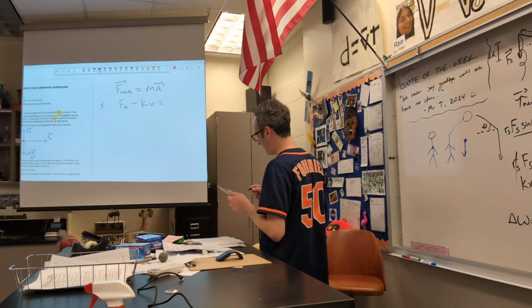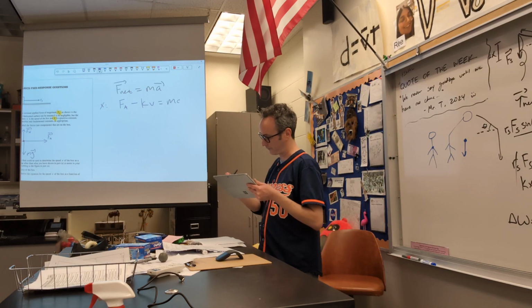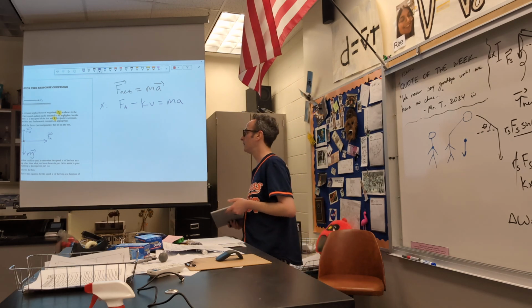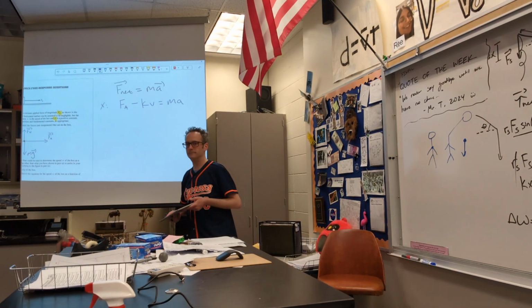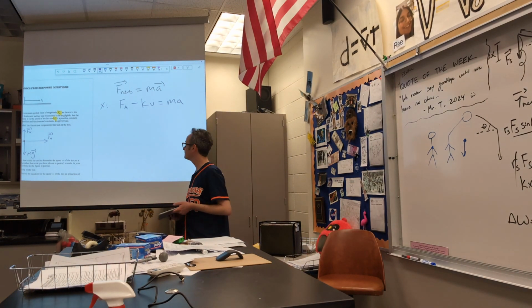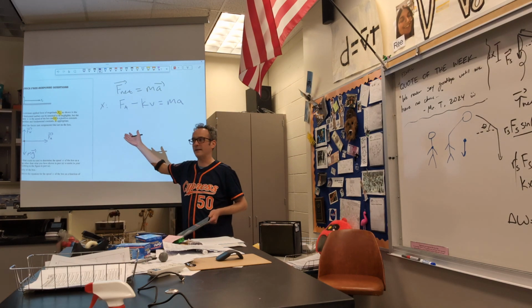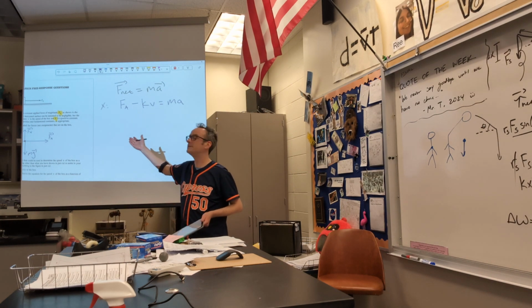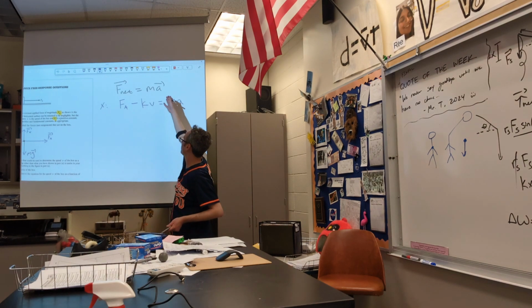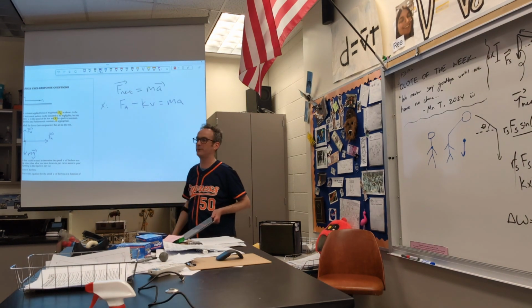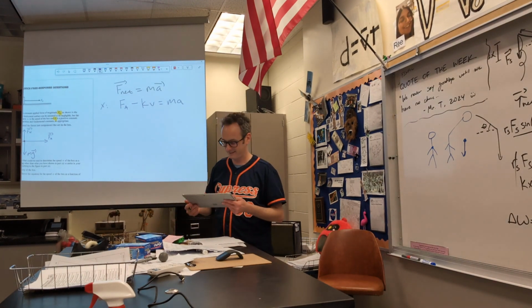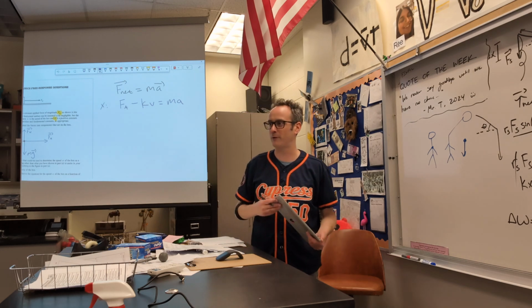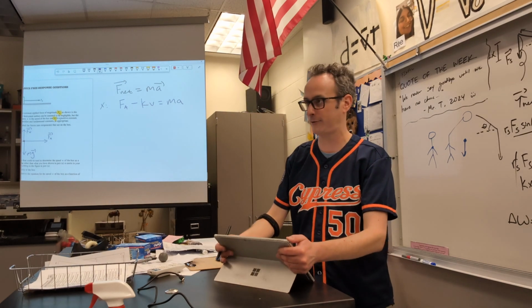So I'll say minus kv equals the mass times the acceleration. You could have done that last semester. I think it's 1 point for correct Newton's law expression. So we're up to 5 points, or 1/3 there, and we haven't even done any differential equations.